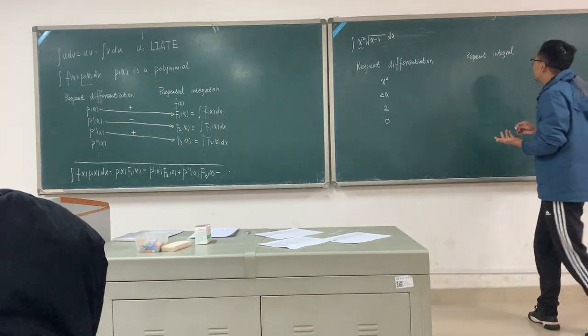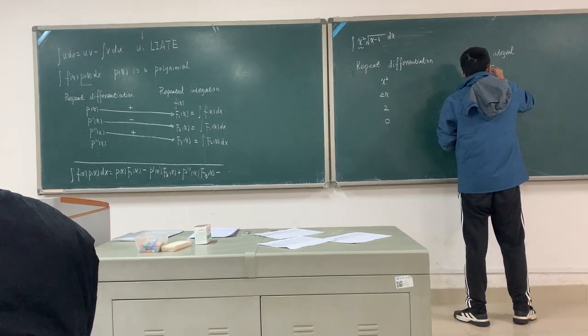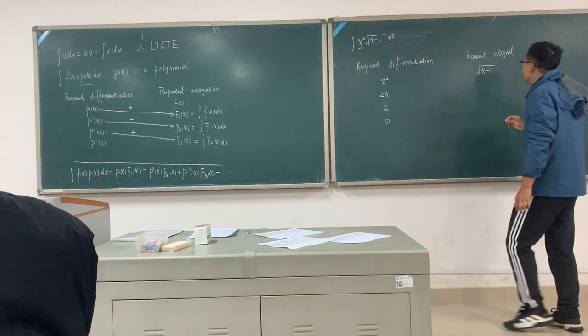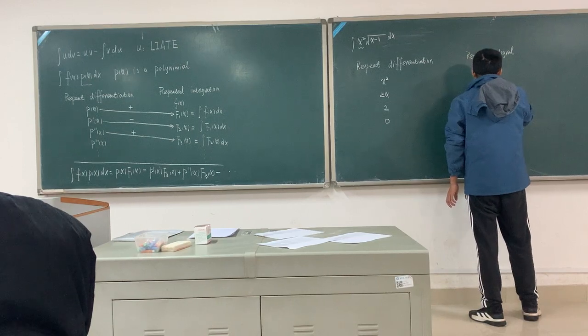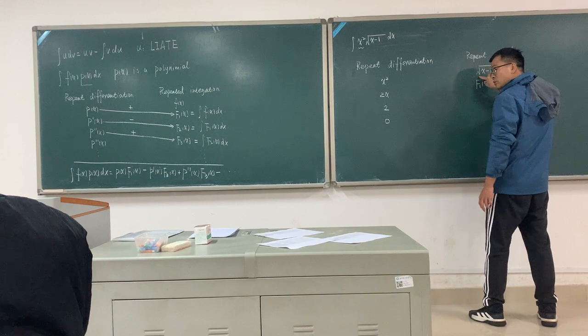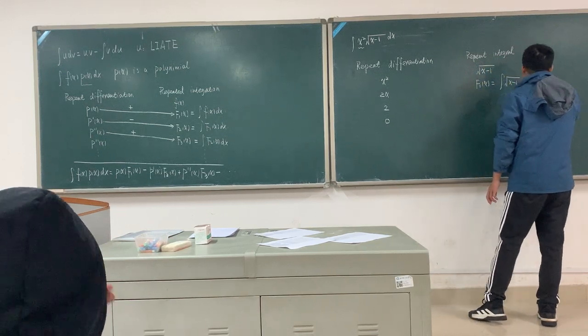So the first entry here is the antiderivative of x minus 1, okay? So this is the first. The second here is capital F1(x), which actually is the antiderivative of the square root of x minus 1 dx.